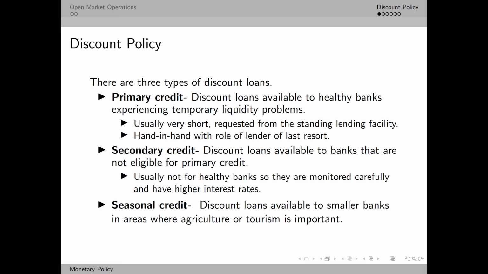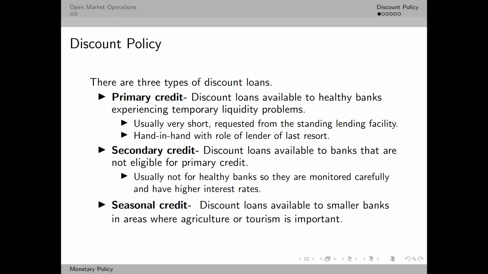Secondary credit are discount loans that are available to banks that are not eligible for primary credit. And these are usually not for healthy banks, because those healthy banks would go to primary credit. And so the secondary credits are monitored extremely carefully and have a lot higher interest rate than primary credit loans.